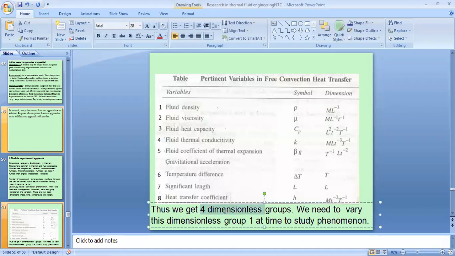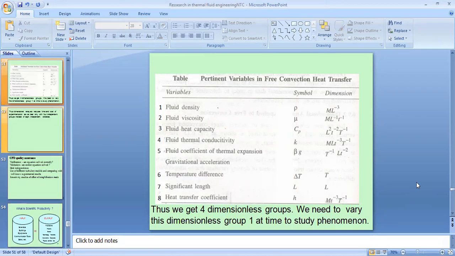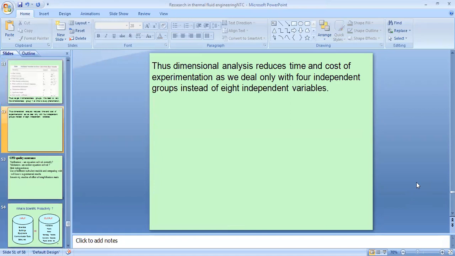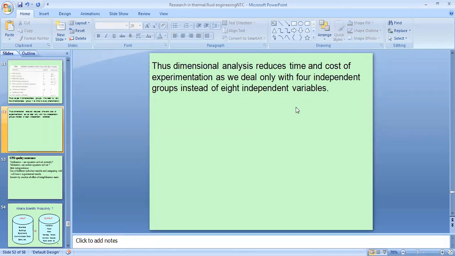From that we get 4 dimensionless groups, and we need to vary one dimensionless group at a time. Are you getting the purpose of dimensional analysis? It reduces the number of variables. That's why the time and money required for conducting the experiment get reduced.